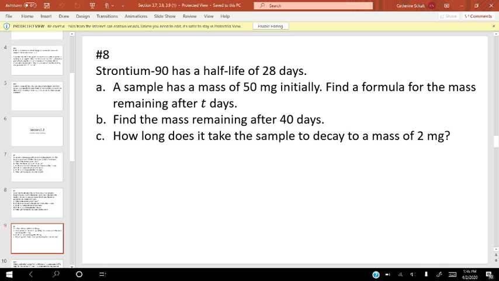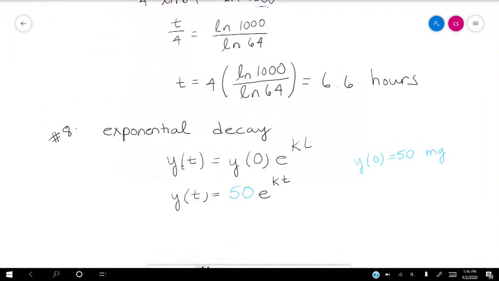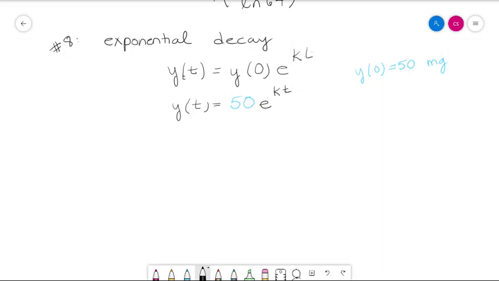So let's go back and think about our problem. After 28 days, so t is equal to 28, we plug in 28 for t.